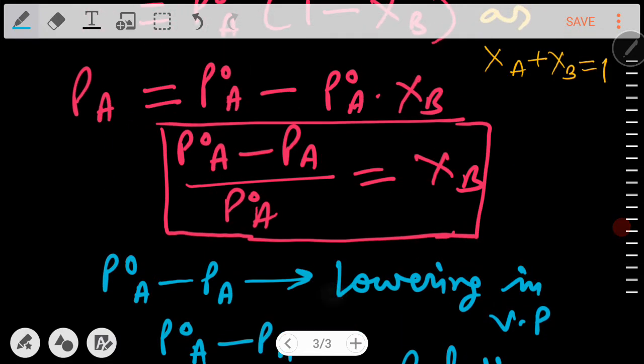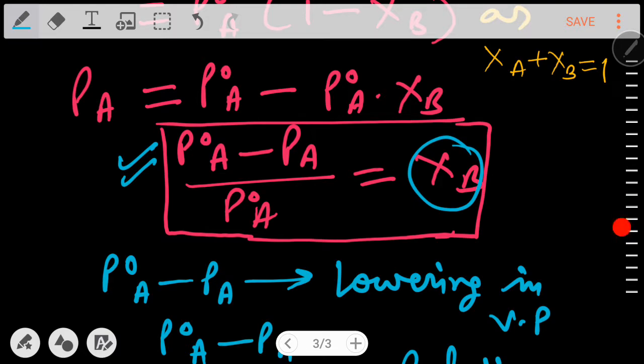So, as per this equation, we can say that relative lowering in vapor pressure for a solution containing non-volatile solute is equal to XB, means mole fraction of solute. Once again, the relative lowering in vapor pressure for a solution containing non-volatile solute is equal to the mole fraction of solute in it.